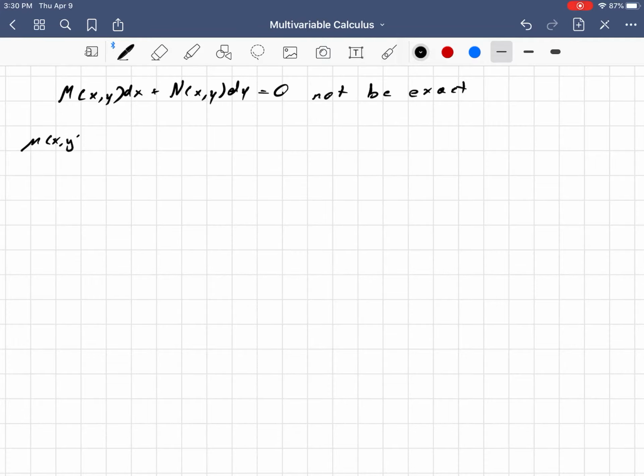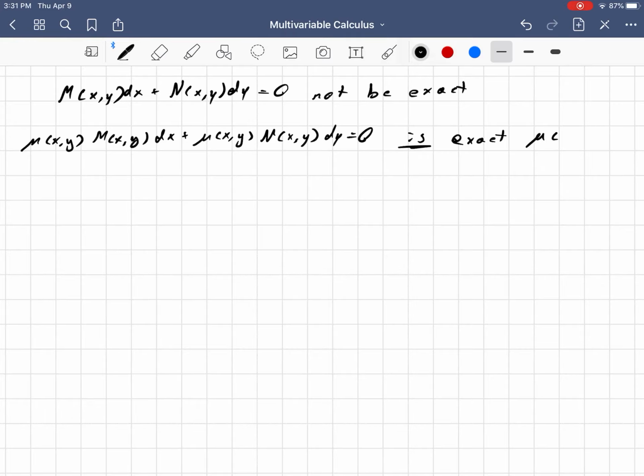But let's say we multiply through by an integrating factor, mu of x comma y. We multiply by this special integrating factor, and there's two separate cases here. And now we claim that after we multiply by this integrating factor, this new differential equation is exact.